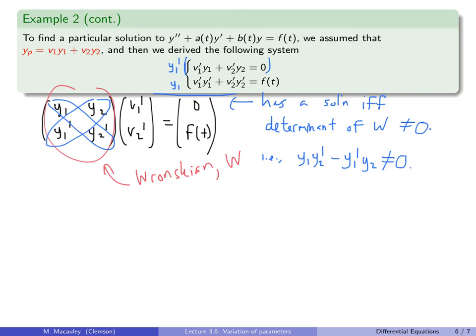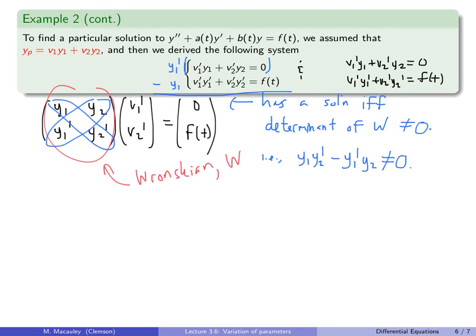I'm not going to actually do all the details. Instead, let me write down the other thing to do with it. v1 prime y1 plus v2 prime y2 equals 0, and v1 prime y1 prime plus v2 prime y2 prime equals f of t.